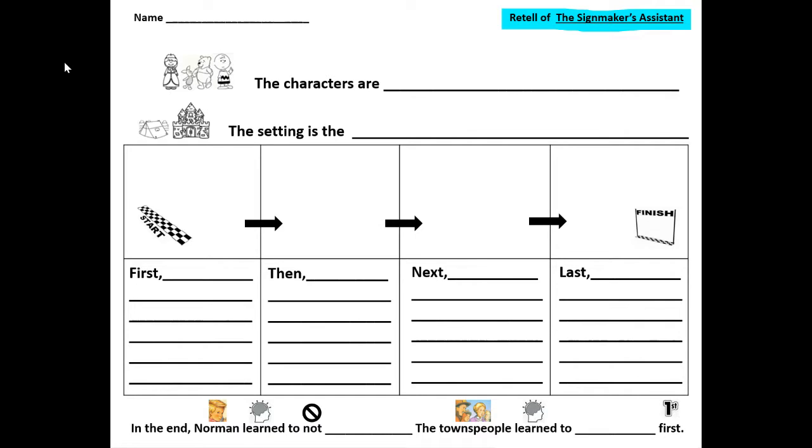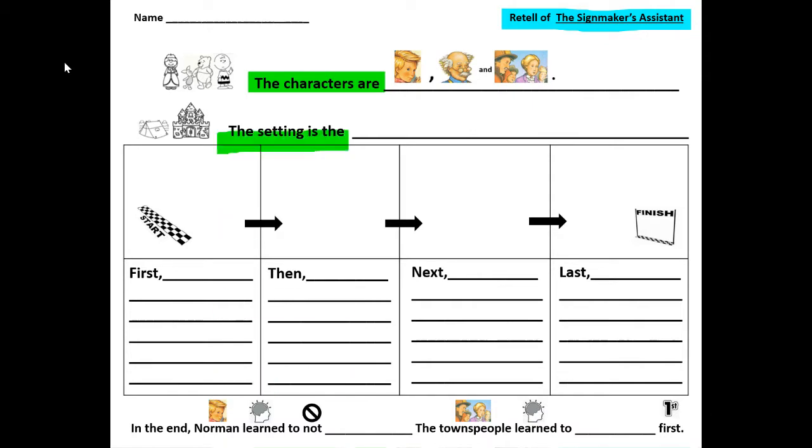So let's retell the story before we write it. We're going to retell The Signmaker's Assistant. Who are the characters in The Signmaker's Assistant? Well, the characters are Norman, the sign maker, and the townspeople. The setting, where does the story take place?